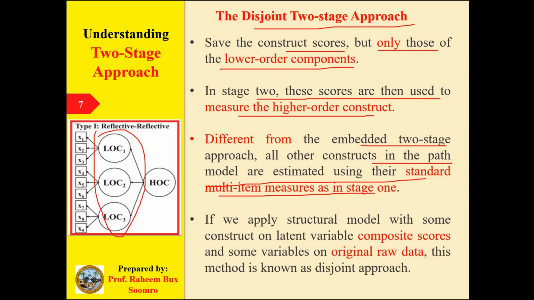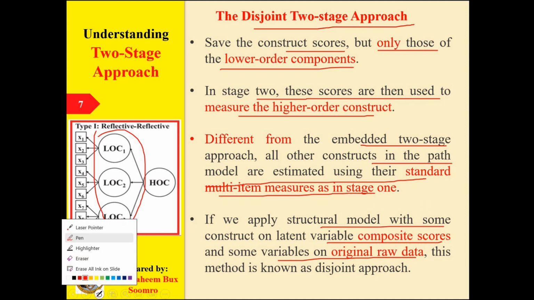At the first stage, our constructs have multiple items, but in the disjoint approach, we apply a structural model with some constructs as latent variable composite scores and some with the original raw data. So in the disjoint approach, some of the constructs have a single item, and some are multi-item constructs.